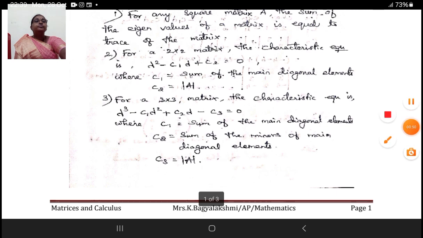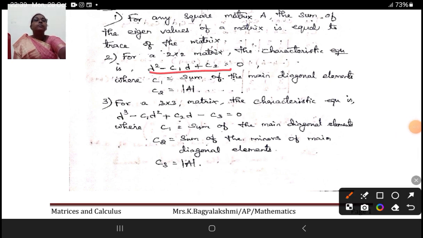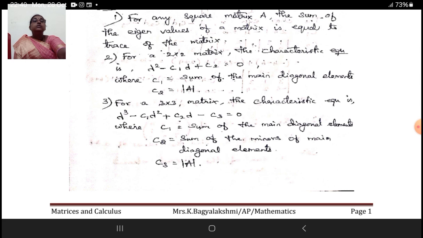So for a 2 cross 2 matrix, the characteristic equation is lambda square minus C1 lambda plus C2 equal to 0, where C1 is the sum of the main diagonal elements and C2 is the determinant of A. And for a 3 cross 3 matrix, the characteristic equation is lambda cube minus C1 lambda square plus C2 lambda minus C3 equal to 0, where C1 is the sum of the main diagonal elements, C2 is the sum of the minors of the main diagonal elements, and C3 is the determinant of A. So this is the formula we use to calculate the characteristic equation.